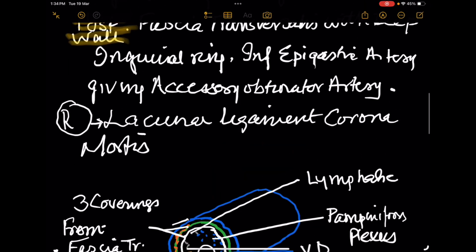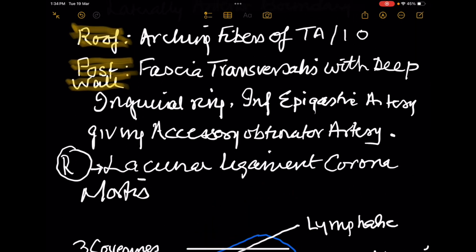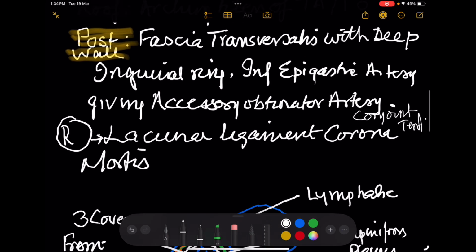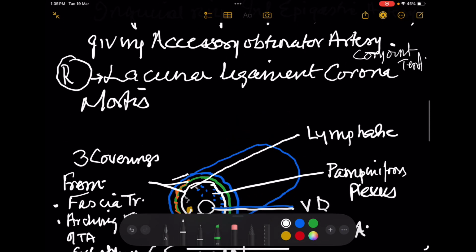And finally, the medial wall is strengthened by the conjoint tendon. This artery passes near the lacunar ligament and is called the corona mortis.